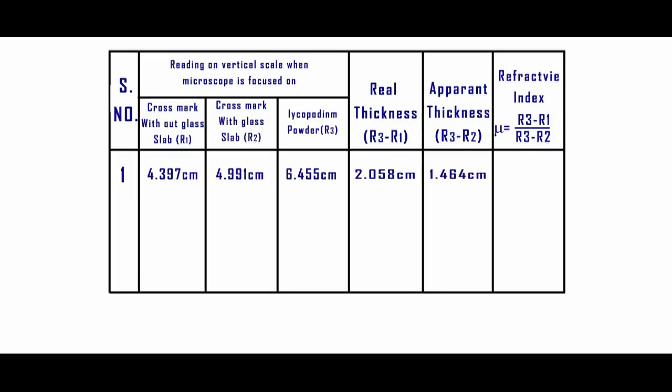Refractive index mu is equal to R3 minus R1 divided by R3 minus R2, which is 2.058 divided by 1.464, which is 1.405. Similarly, the other observations are as follows.